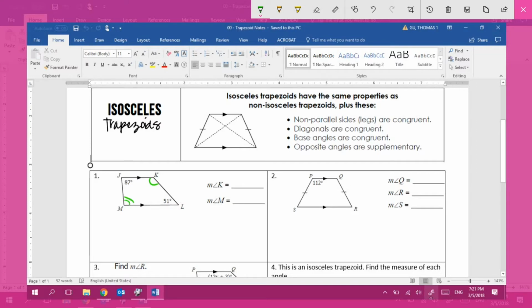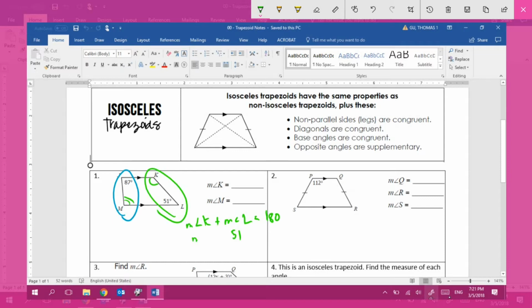Remember the same side interior angles. That would be right here, and then right here. Those two angles are always going to add up to be 180. So if you take a look on this side, the measure of angle K plus the measure of angle L equals 180. Well, what's the measure of angle L? That's 51.